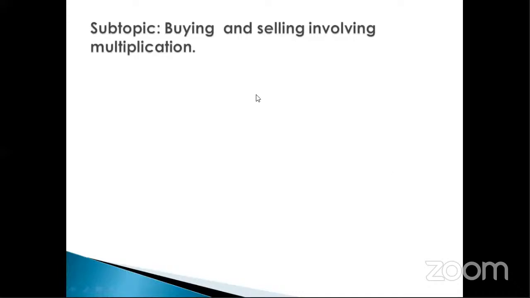So let me go ahead and explain what we are going to learn today. So members, in this lesson, you are going to buy something. For example, if you go to buy a pen, then you go to the shop, they will tell you 1 pen is 500 shilling.